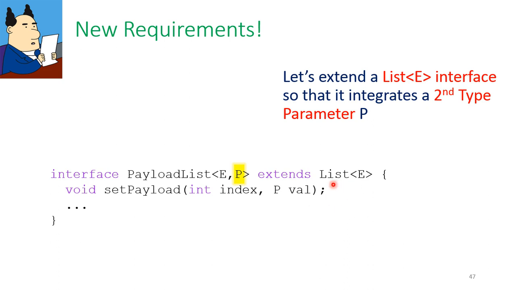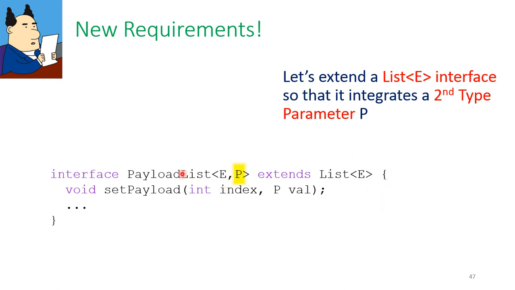In the first example, we had a box of number, and we tried to fit in box of integer, box of double. In the second example, we saw that if we have a list of number, then we can have an ArrayList of number, and these are related by an inheritance relationship.